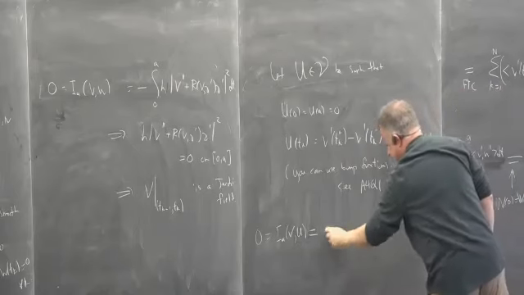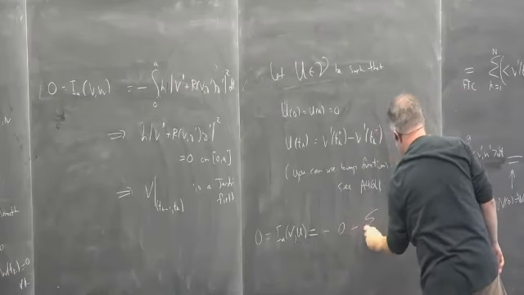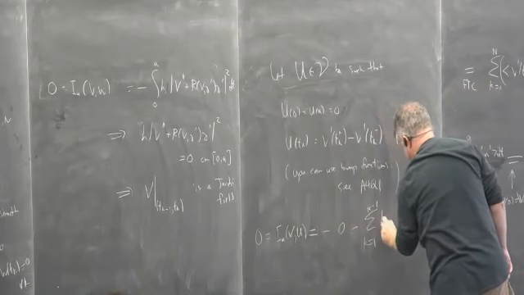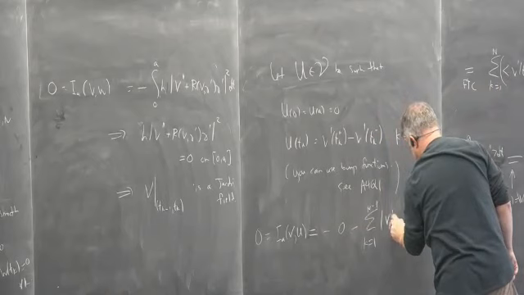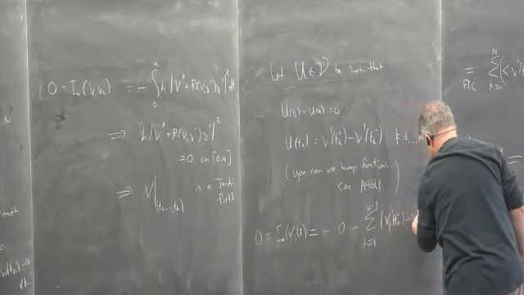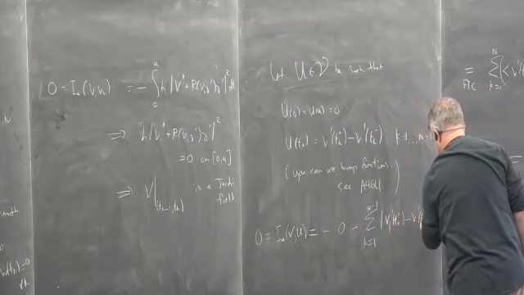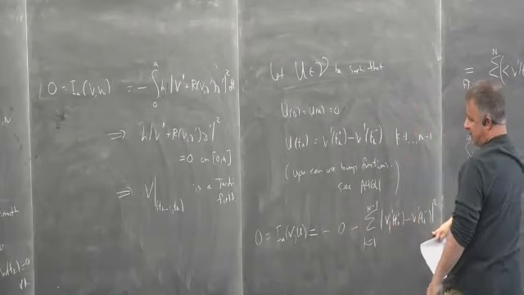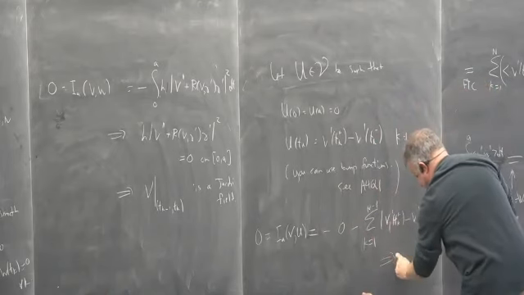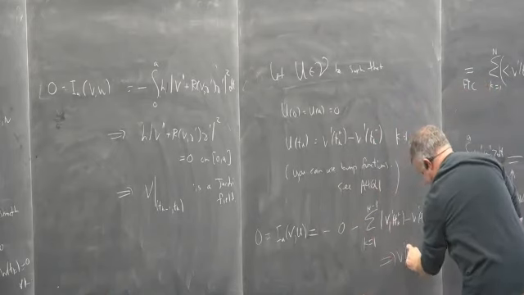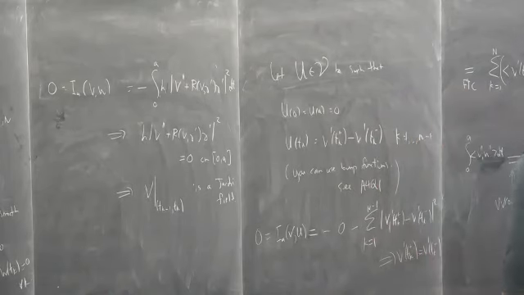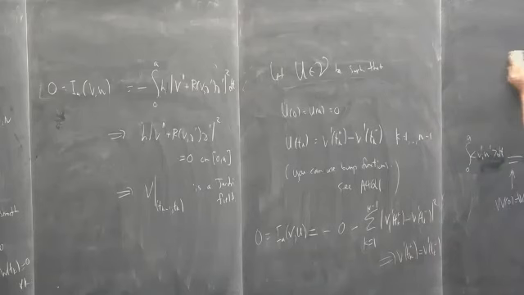It's going to be minus 0 minus the sum from K equals 1 up to N minus 1, V prime TK plus minus V prime TK minus squared. And again, this is a sum of non-positive things equals 0. This means that V prime TK plus equals V prime TK minus. So there were no jumps to begin with.